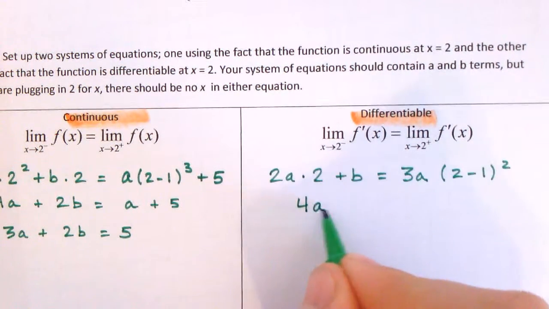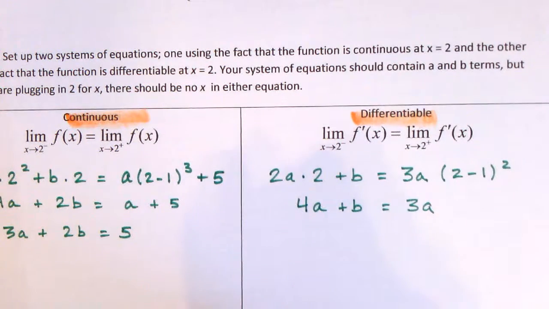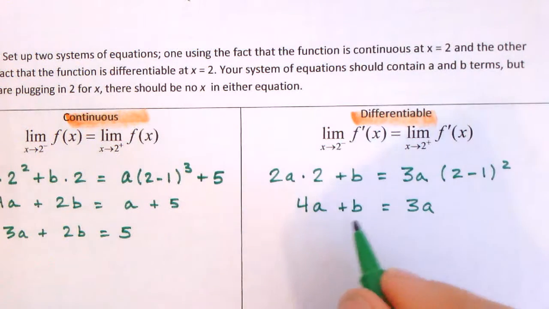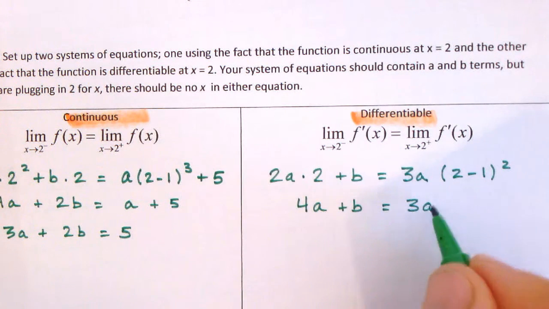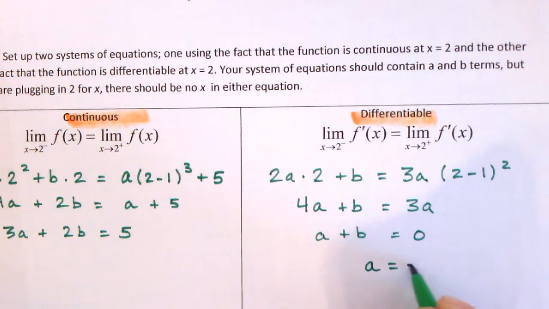Cleaning it up, we get 4a plus b is equal to 3a. Therefore, if I bring this over here, you get that a plus b has got to be equal to 0. Therefore, a and b are opposites.